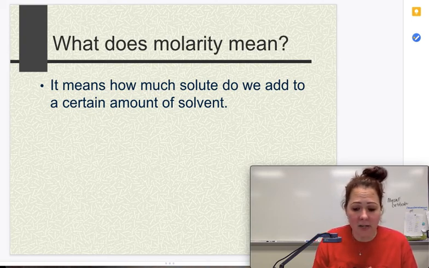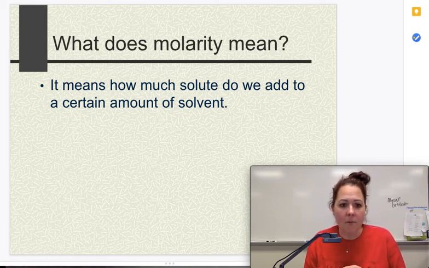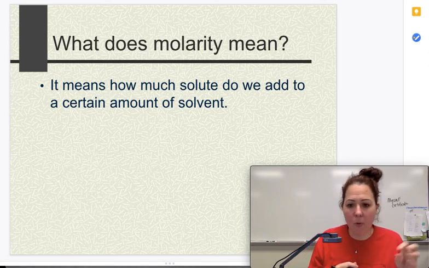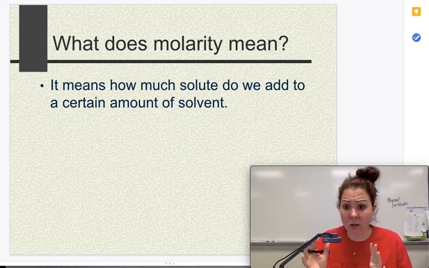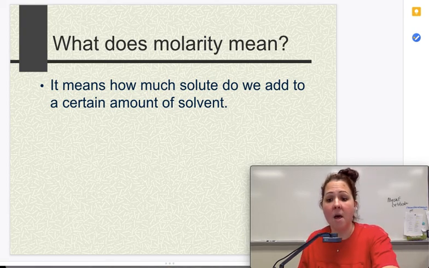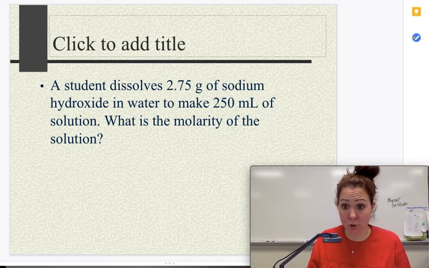If you start getting into numbers like 10, 12, 15 molar, those are pretty concentrated. You're never going to get huge numbers with these. Typically, your answers are going to be like 0.025 or 1 molar or 3 molar or 6 molar. Again, if you start getting numbers like 12 and 15, that's a really big concentration for these. That means that you have a lot of moles in your solution.